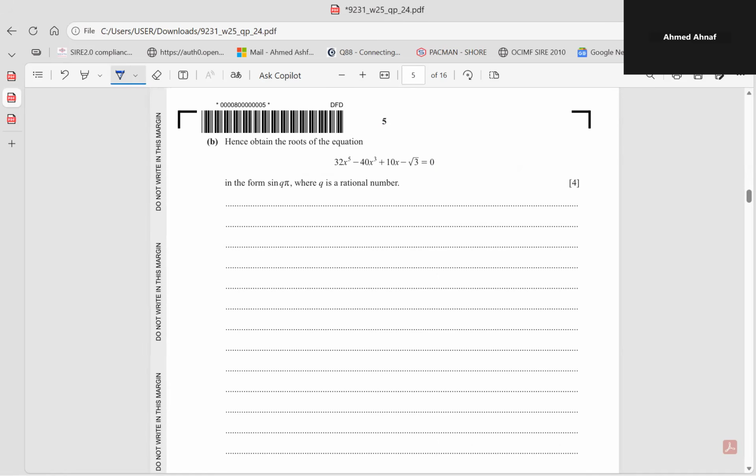All right, so for this question, we are told to hence obtain the roots of this equation in the form of sine q pi, where q is a rational number. So yeah, since we have the keyword hence, we obviously have to use our result from the previous part to solve this equation.